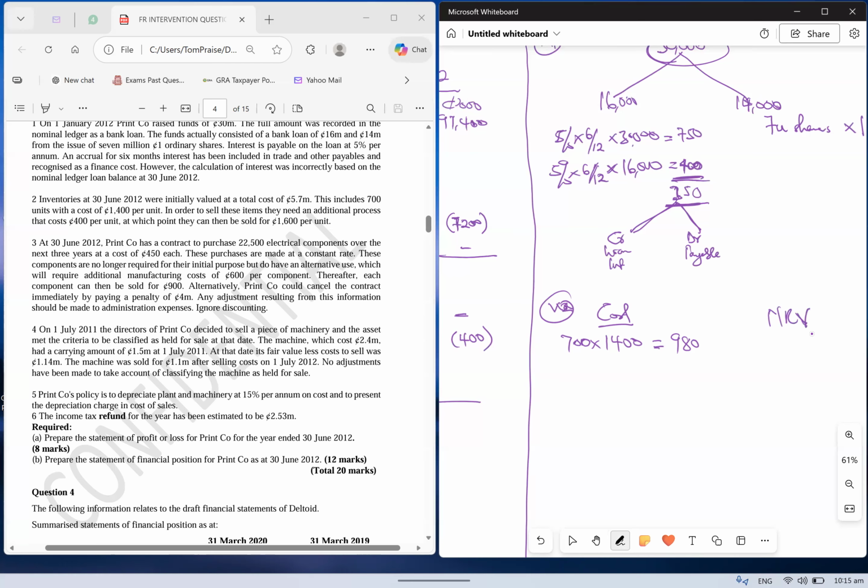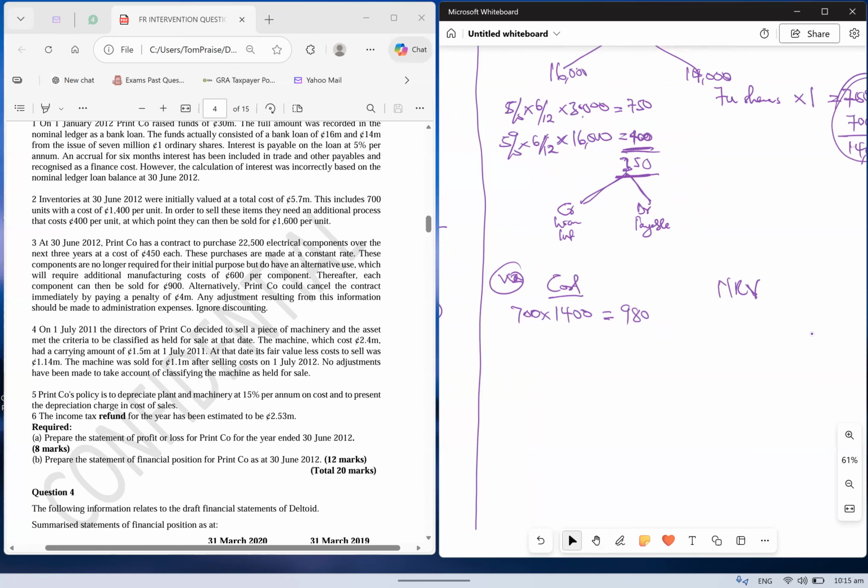Net realizable value is the selling price minus any other cost you have to incur to be able to sell the thing. So they said that they will be able to sell it at 1,006. So 700 by 1,006 is how much? 1,120,000. Like this. 1120.